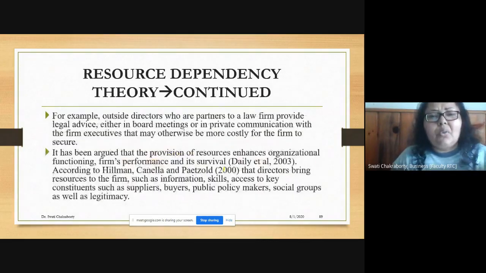Availability of resources helps in the functioning of the organization, the firm's performance, and its survival. That's where the directors come into play. They provide these resources, which could be information, skills, access to suppliers, buyers, public policy makers, social groups, as well as legitimacy, where it's legal.